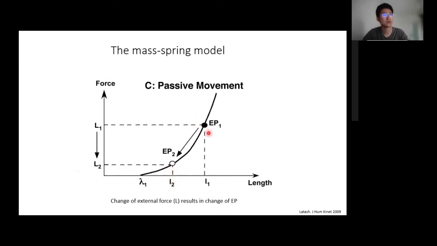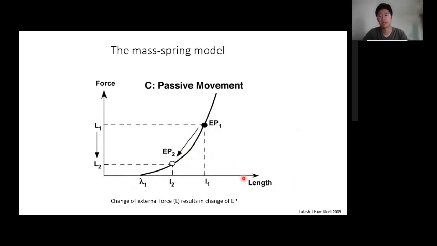That means you will shift from the previous equilibrium point to the new defined equilibrium point. So this explains a passive movement. Again, in passive movement, you are not changing resting length, but external load changes, and this leads to a shift of equilibrium point.